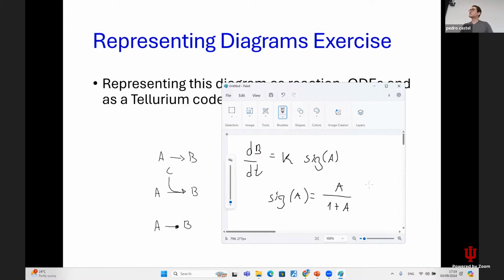And if A is infinite, you have 1. Niraj, do you agree that if A goes to infinity, this fraction goes to 1? Yes. All right. So this will produce a graph going from 0 to 1.